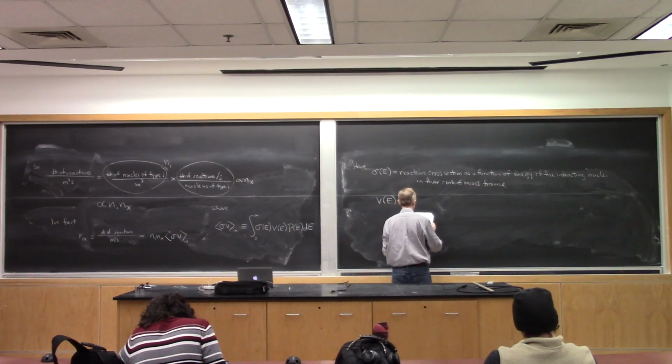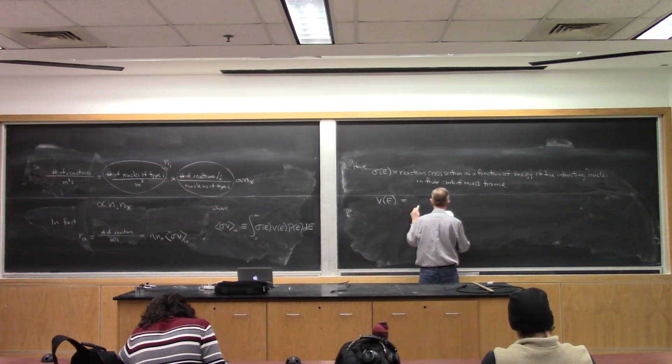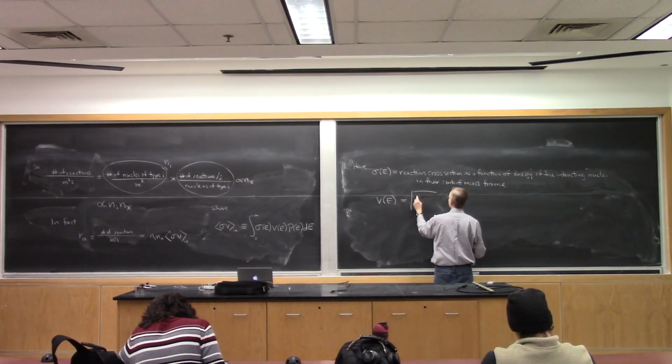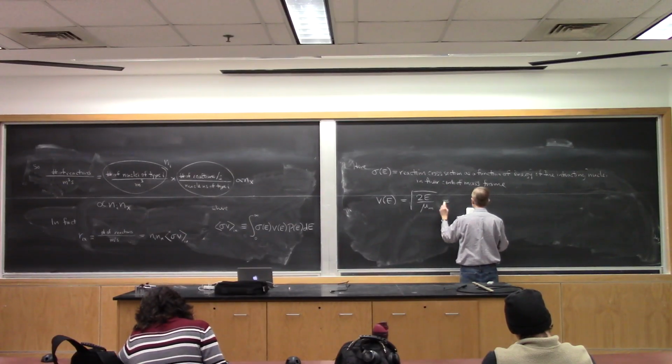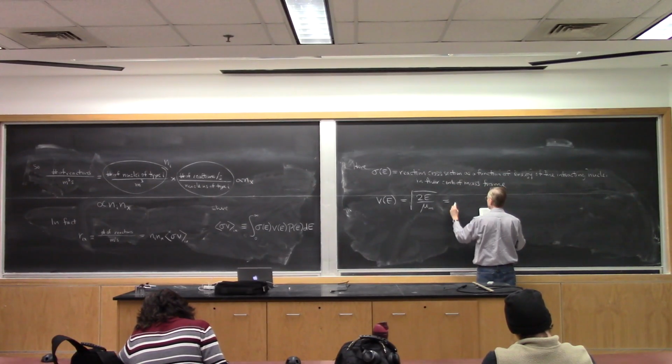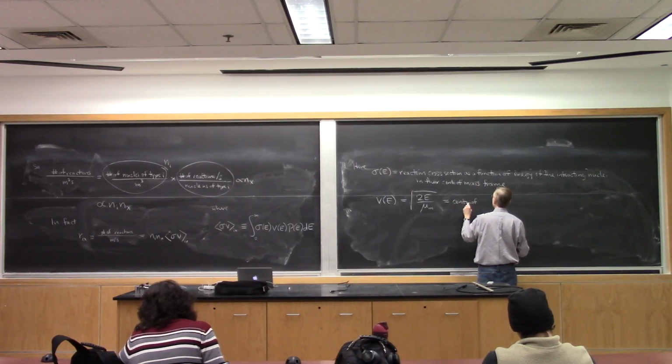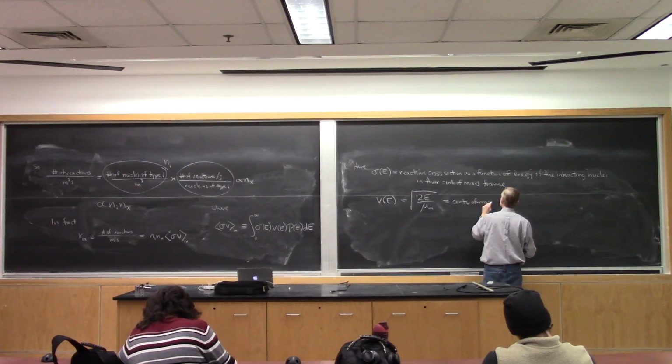v as a function of E, well, that's going to be the square root of 2E over the reduced mass. That's the center of mass frame relative velocity as a function of energy.